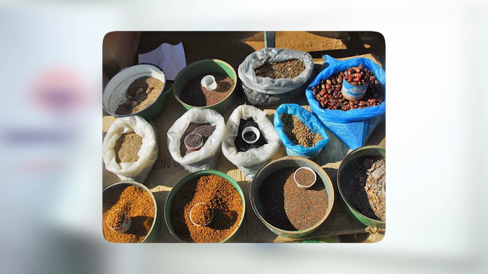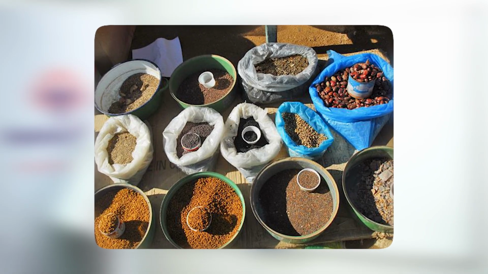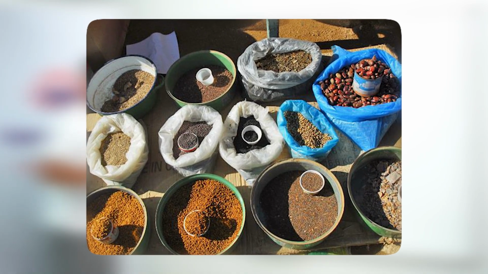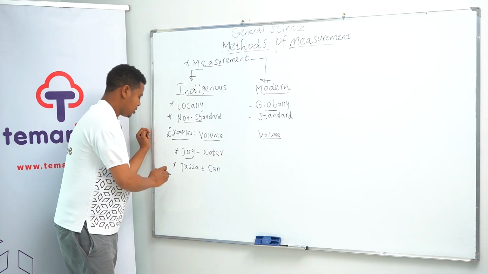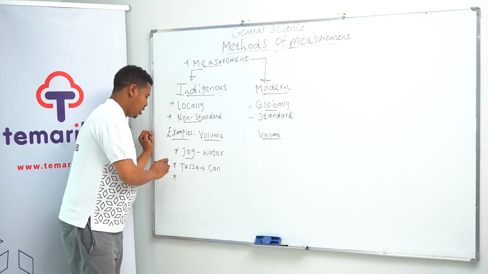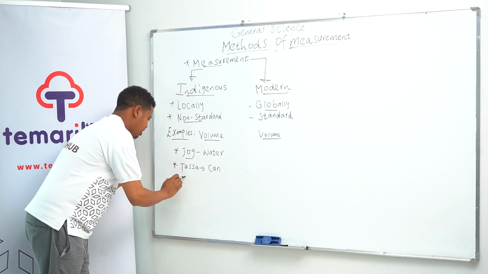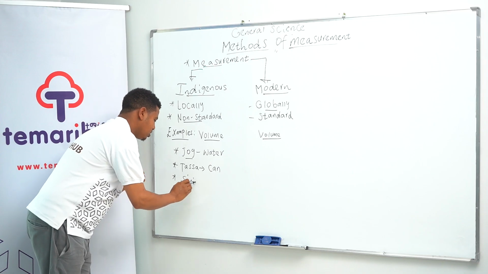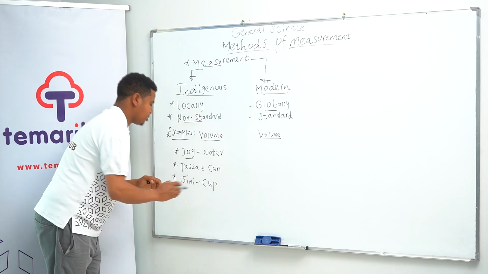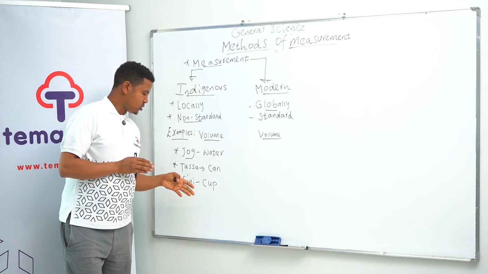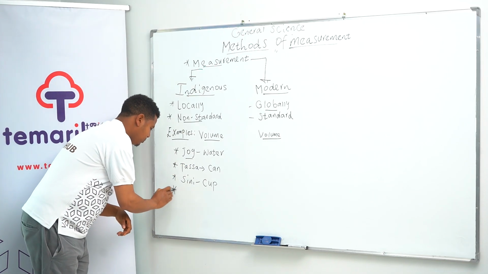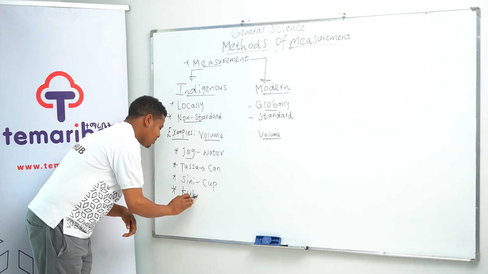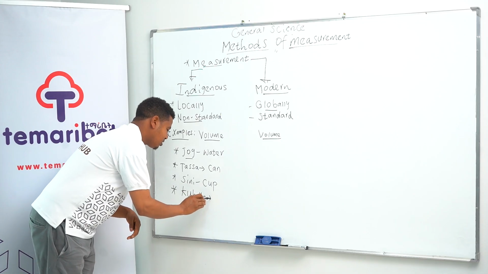Like Tasa, which means a can, like a Murty can, and Sini, this is a coffee cup. And like Kubaya, this is just like a mug.